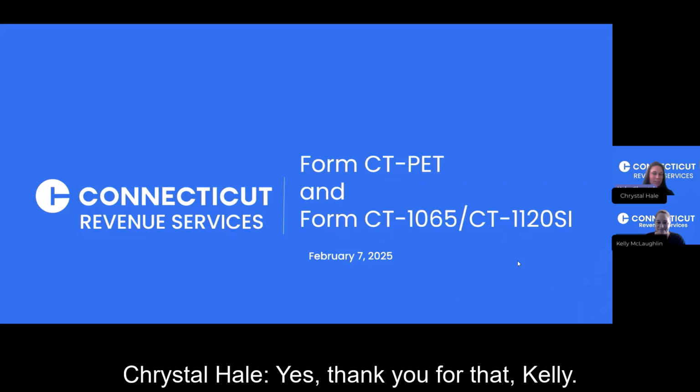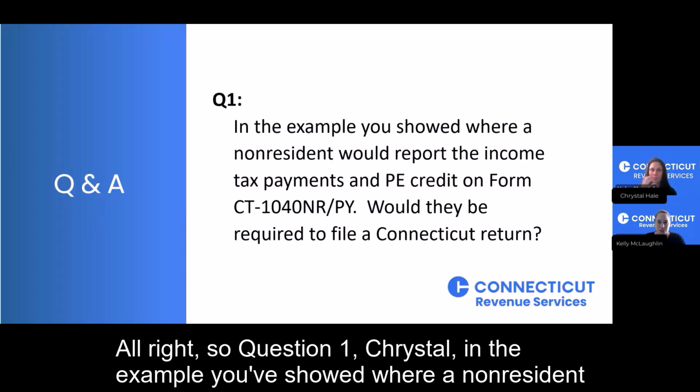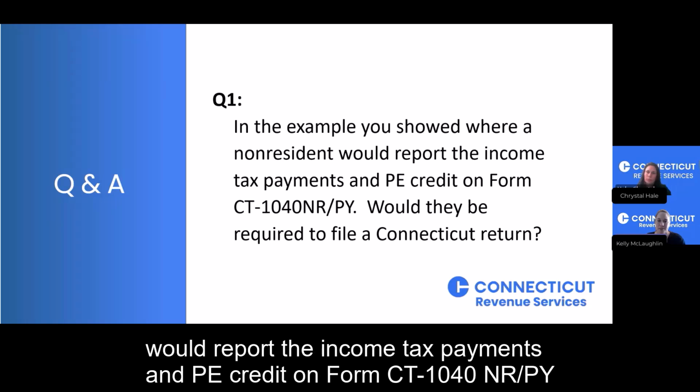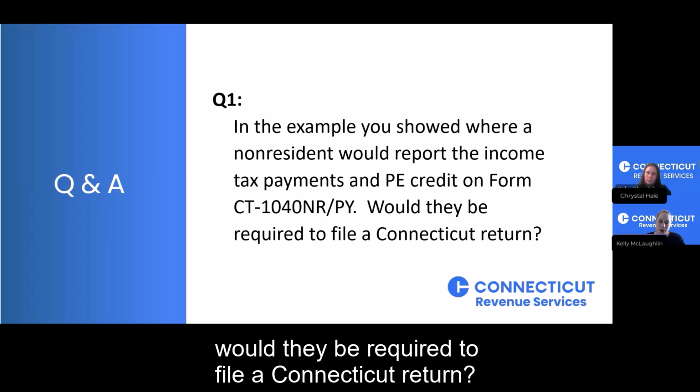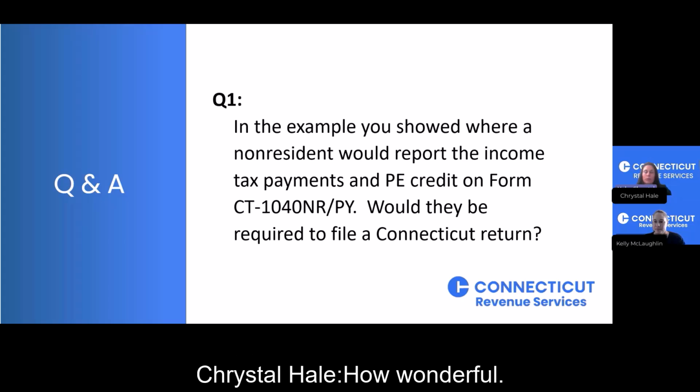Yes, thank you for that, Kelly. All right. So question 1, Crystal. In the example you showed where a non-resident would report the income tax payments and PE credit on Form CT-1040 NRPY, would they be required to file a Connecticut return? Oh, wonderful.